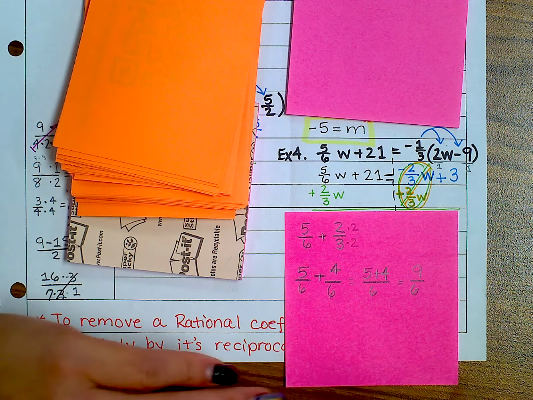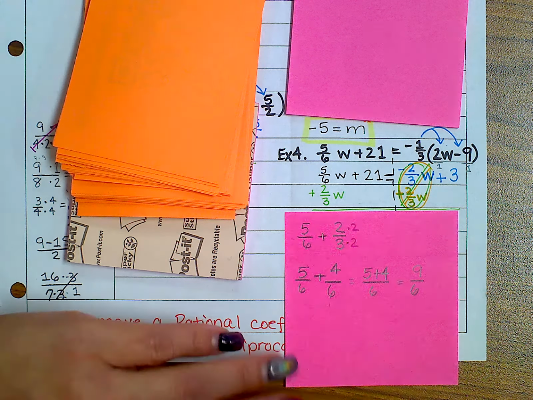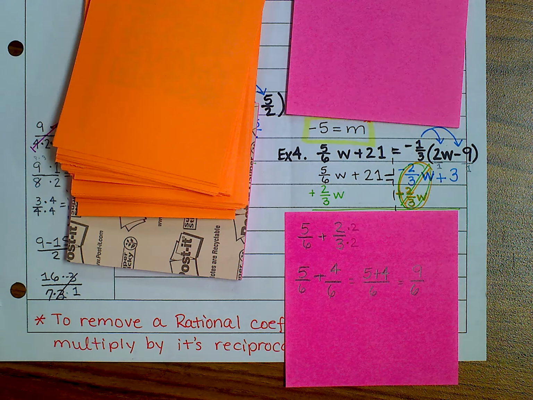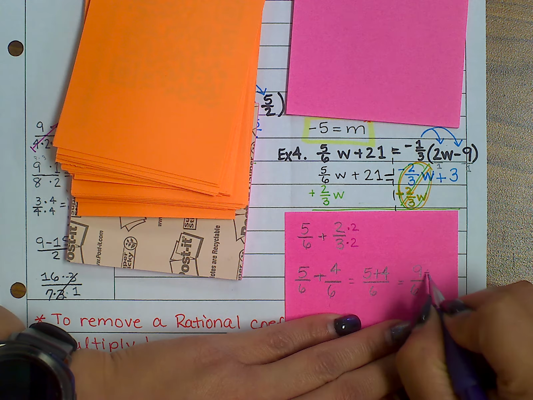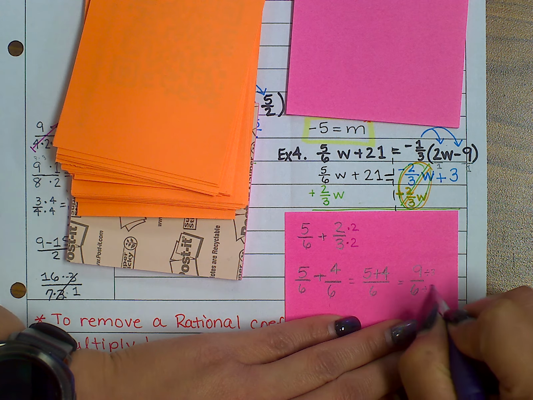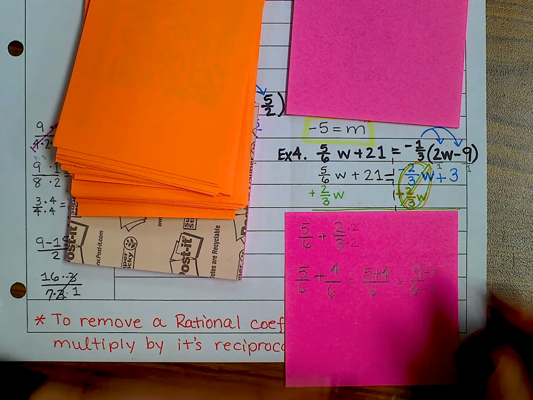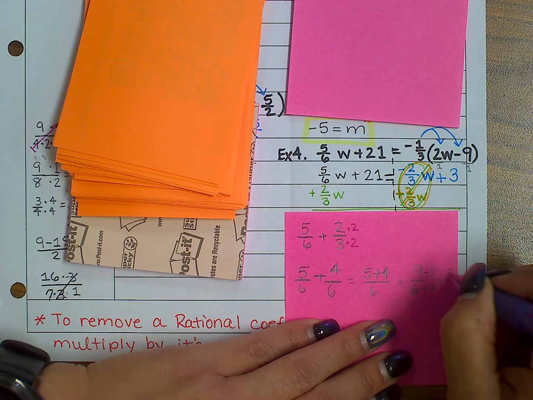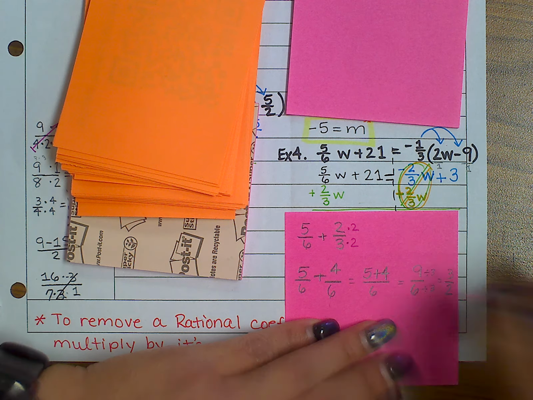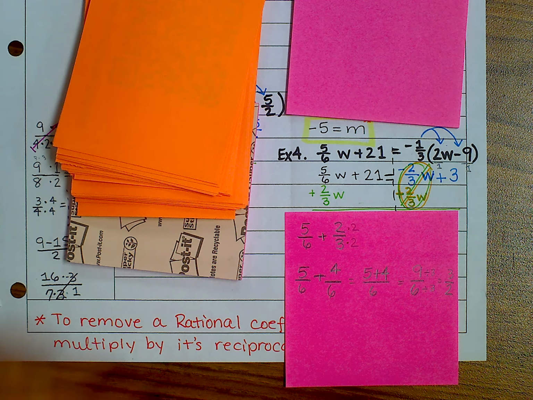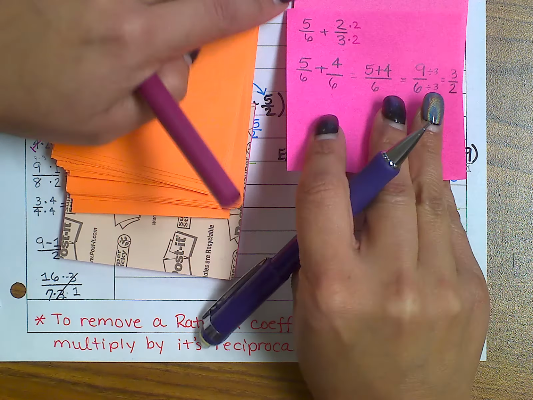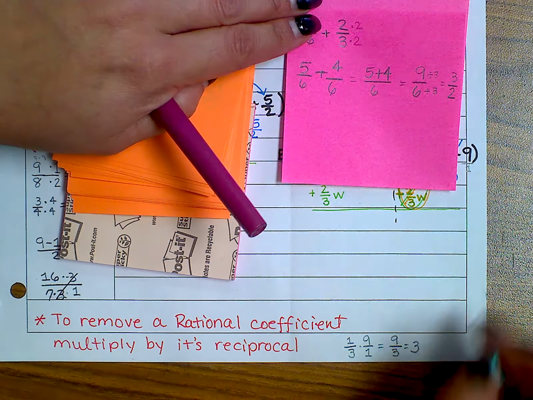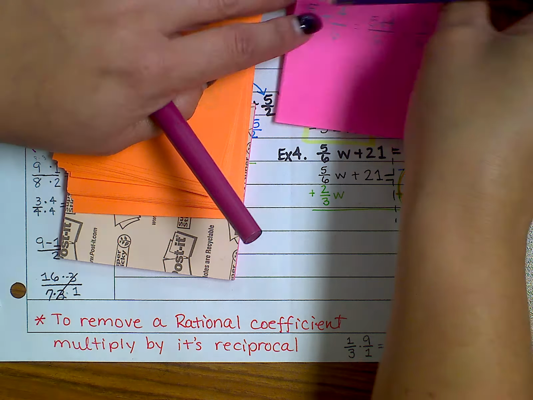Now, by chance, this can be reduced. Well, in that case, they're both divisible by 3. So that should be 3 over 2. Excellent. Just don't forget the W. So I'll leave that right here. I might be able to zoom that out, sorry.